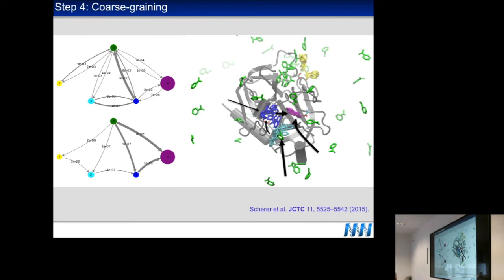Maybe you want to directly use some method that gives you a coarse-grained model, like a hidden Markov model, for example. That could give you, as you see in this example, this is ligand-protein binding, different ways how the ligand binds to the protein, unbound state in green, then different intermediates in blue, and the bound state in purple.